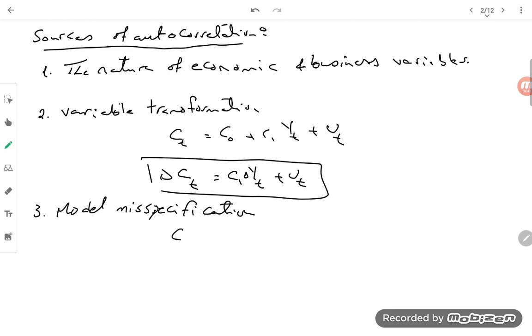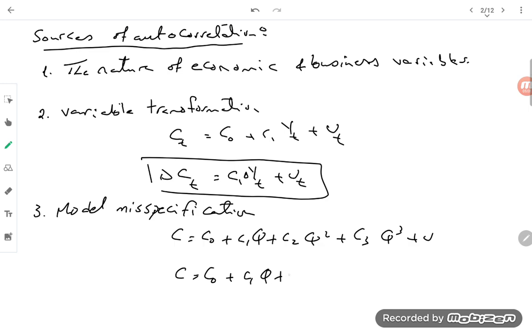Say for example, a consumption function c equals c node plus c1q plus c2q squared plus c3q cubed plus u. And by mistake, we are going to use c equals c node plus c1q plus u. So economists are going to use this one by mistake. The problem of autocorrelation will occur in this case.